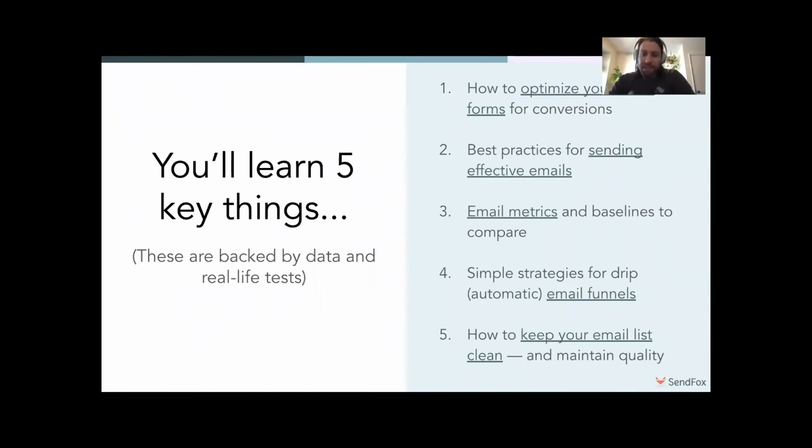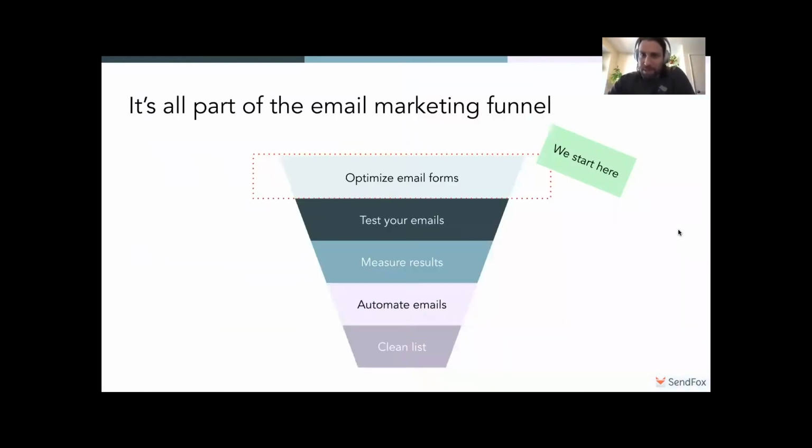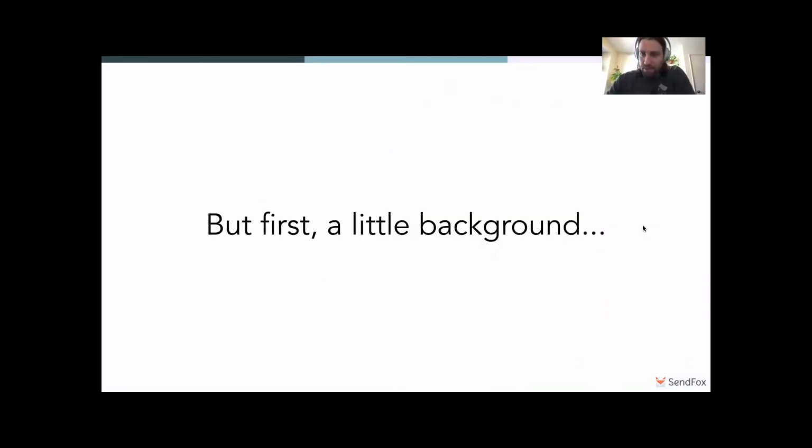And then the fifth is how to keep your list clean, so as time goes on, you're continuing to do the best email marketing practices. Altogether, we have this cyclical process that I'm going to talk about, and it's all part of this funnel. So we start with optimizing email forms.